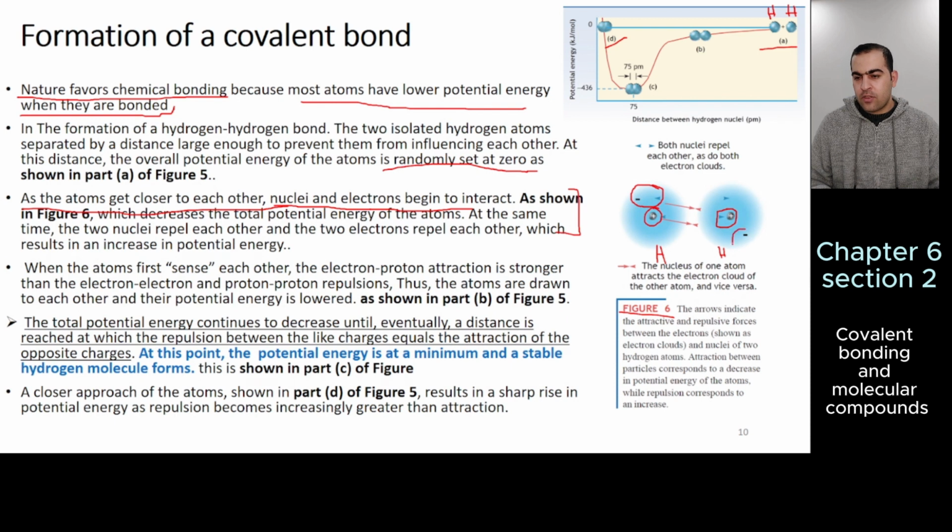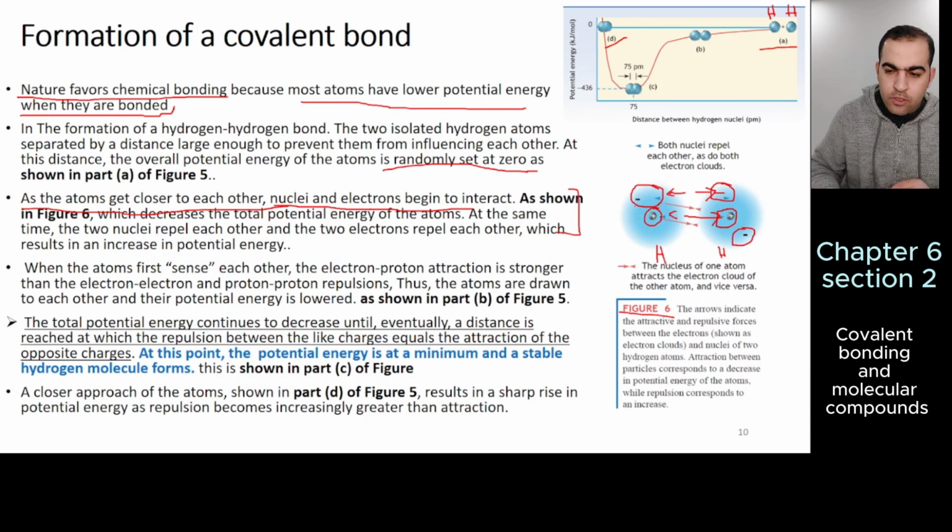There is attraction between the valence electrons and nuclei, which causes atoms to get closer to each other. And between nuclei, we have repulsion. Between electrons, we also have repulsion.